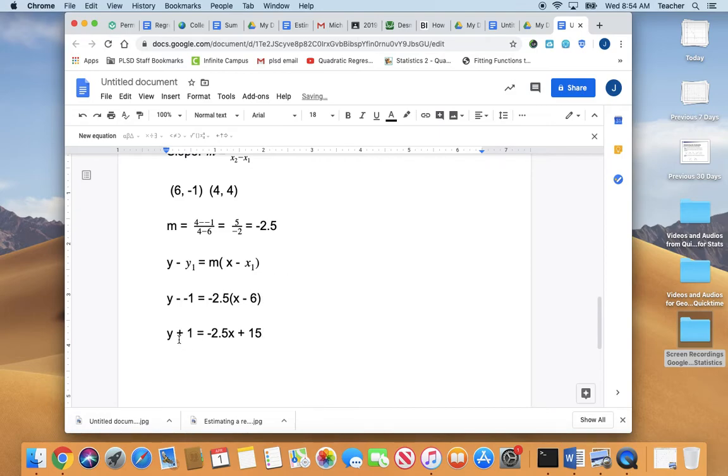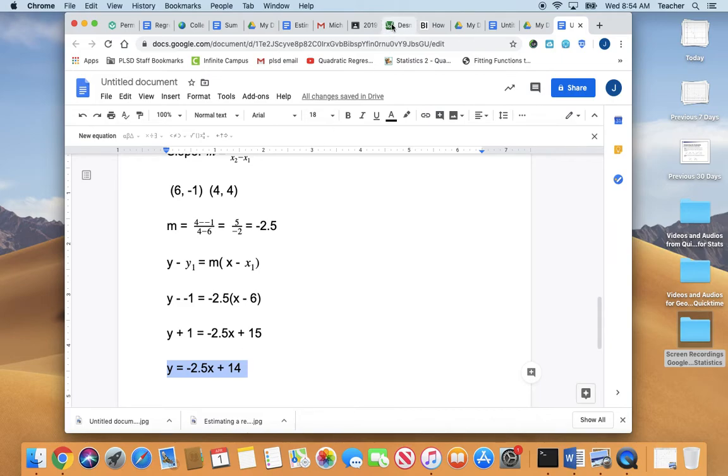And then to get this in slope-intercept form, all I need to do is subtract the 1 over here. So I would get y equals negative 2.5x, and when I take the minus 1 to this other side, I get plus 14. So this is an estimate of the line of best fit that I got using my scatter plot and eyeballing the line.